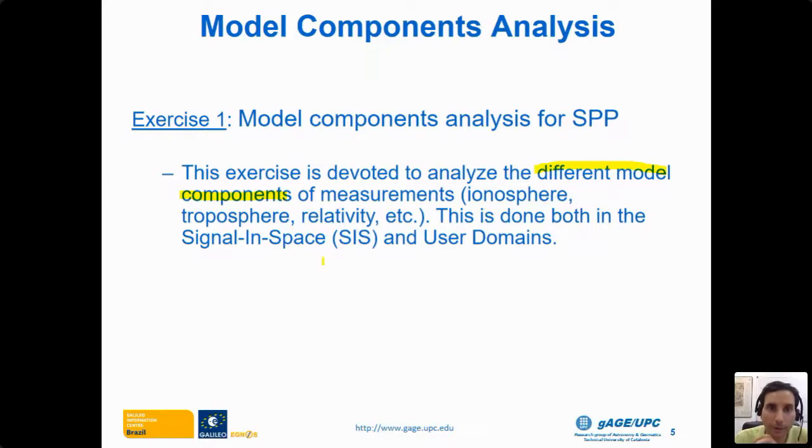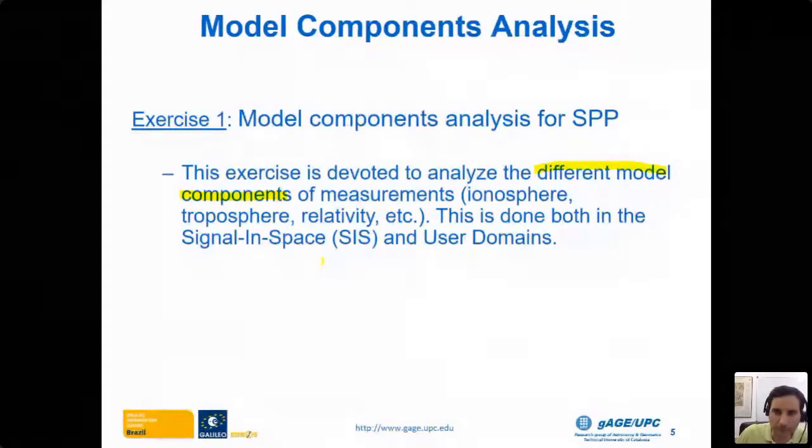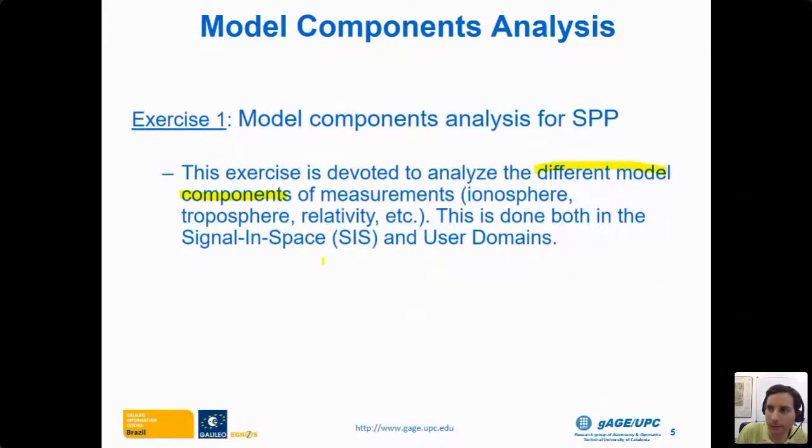Tomorrow we will do a receiver on a satellite, so we will do satellite-to-satellite positioning. But today we will do a permanent station that is on the ground. And then we will see different error models that we have to correct. I will use the term model or correction for today's lecture. They are interchangeable.